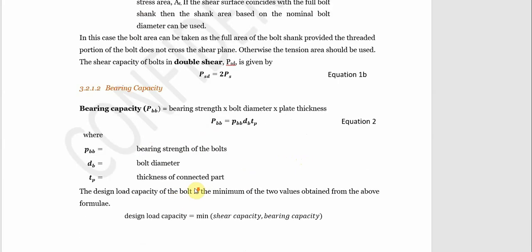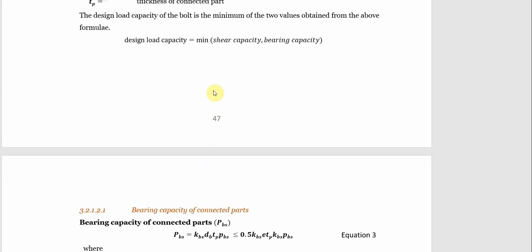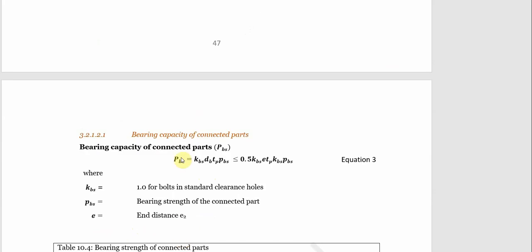Now we'll be using this formula to do some calculation. If we have connected parts, members connected, and we want to calculate the bearing capacity of the connected parts, we are going to use this particular formula. Pbs, which is the bearing capacity of the connected parts, is equal to Kbs times Db times Pbs times Tp.